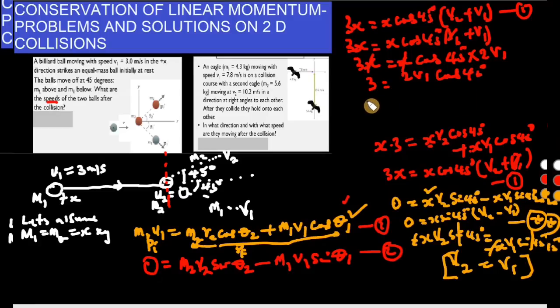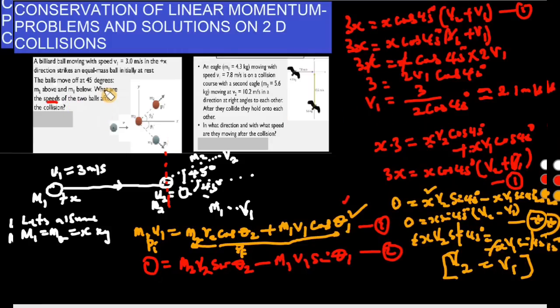If we make v1 the subject of the formula, this is 3 upon 2 cos 45 degrees, and if you do the maths, you have approximately 2.1 meters per second. So this is the velocity for v1.